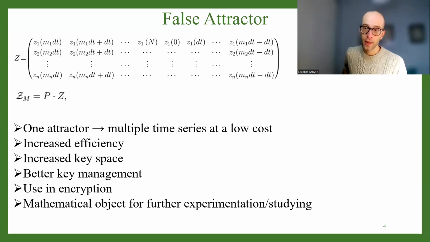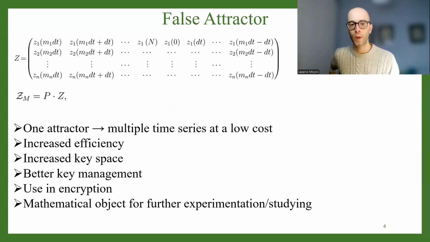The idea behind this is that starting from a single attractor for the chaotic system, we can now create a very big family of numerous different false attractors. And we can generate new false attractors at a very low execution cost, because elementary operations and circular shifting are extremely fast in MATLAB, and actually they are extremely fast in other programming languages as well.